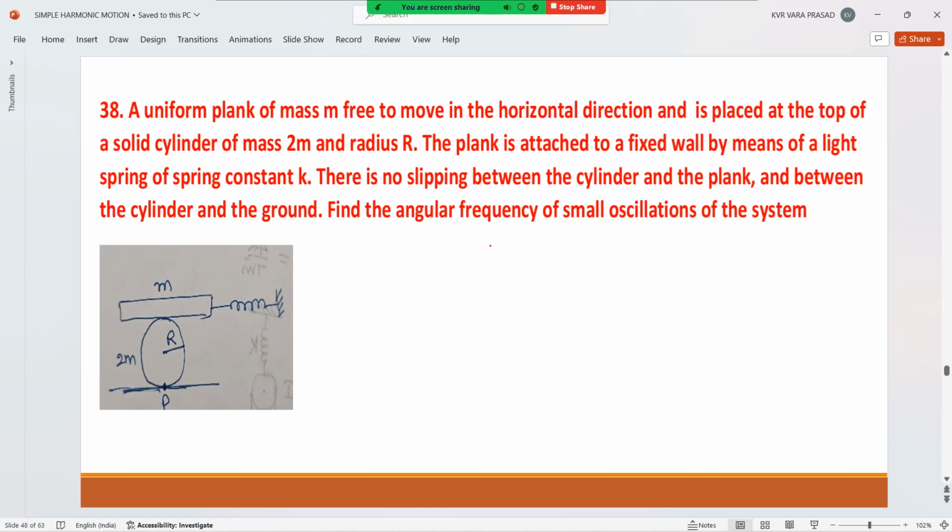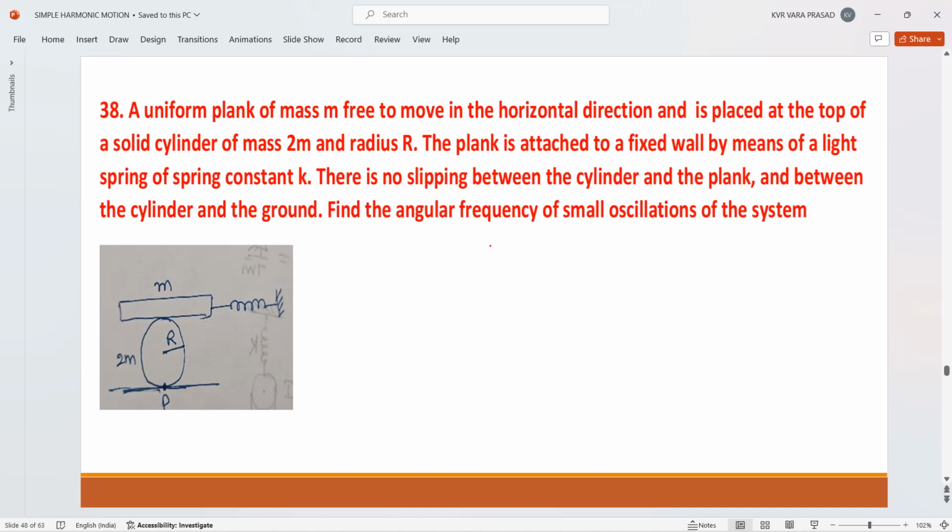Read the question carefully. A uniform plank of mass m, free to move in the horizontal direction, is placed at the top of a solid cylinder of mass 2m and radius r.